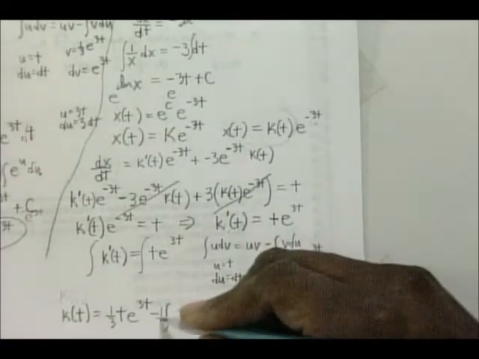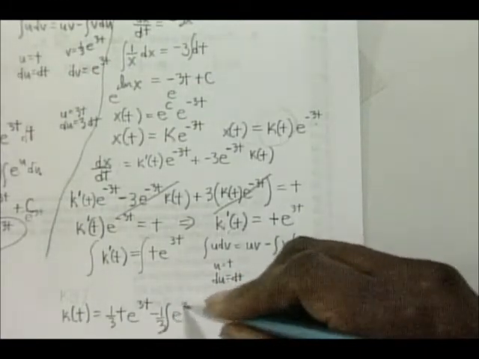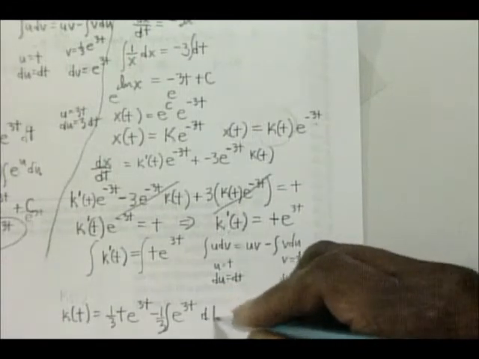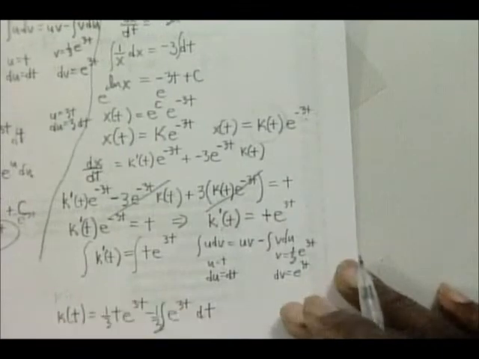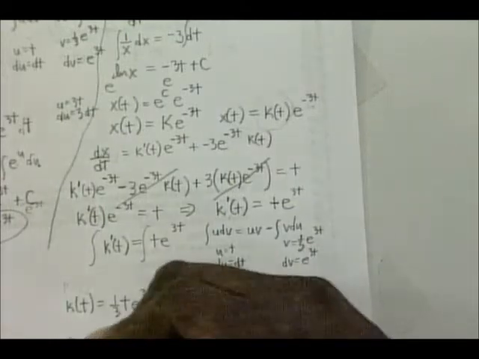So let's pull that 1/3 out, e to the 3t times du, which is dt. Right? So now we just have to take the antiderivative of this part right here. Then we'll be just about done.